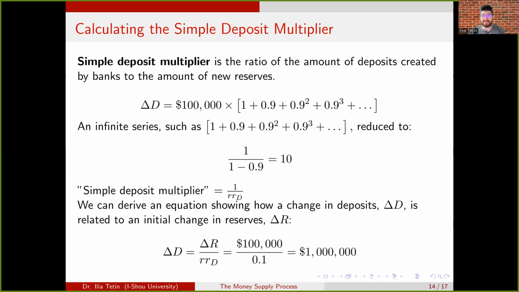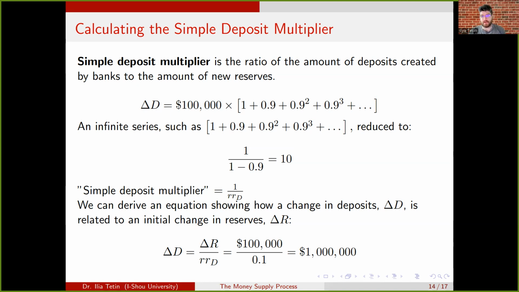Note that 10 is 1 divided by the required reserve ratio. So this RRR is the required reserve ratio, and the simple deposit multiplier is 1 over RRR. This approach gives us another way of expressing the simple deposit multiplier with this equation, 1 over RRR.